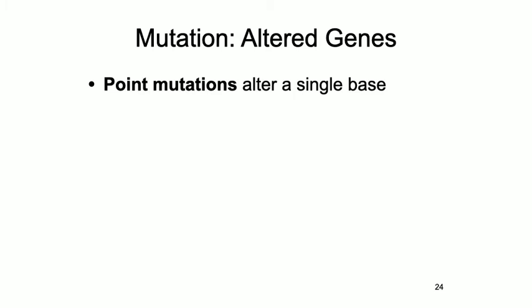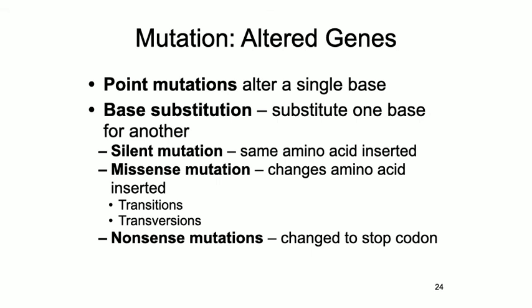And they can come in several varieties. For example, a base substitution, it means that at the point mutation, you have a substitution. So instead of one DNA nucleotide, there's a different DNA nucleotide. And this can have 3 different consequences.